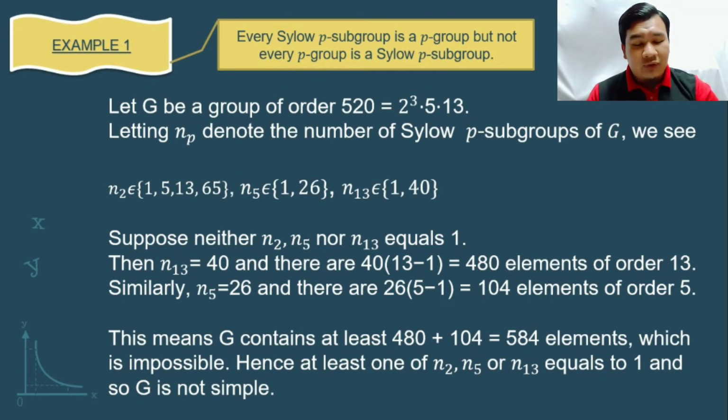By using the counting formula, we can calculate that 26 multiplied by (5 minus 1) equals 104 elements of order 5. So when we sum up the number of elements of order 5 and order 13, we already have 584 elements in G, which is impossible. Hence, at least one of n_2, n_5 or n_13 equals 1, and so G is not simple.